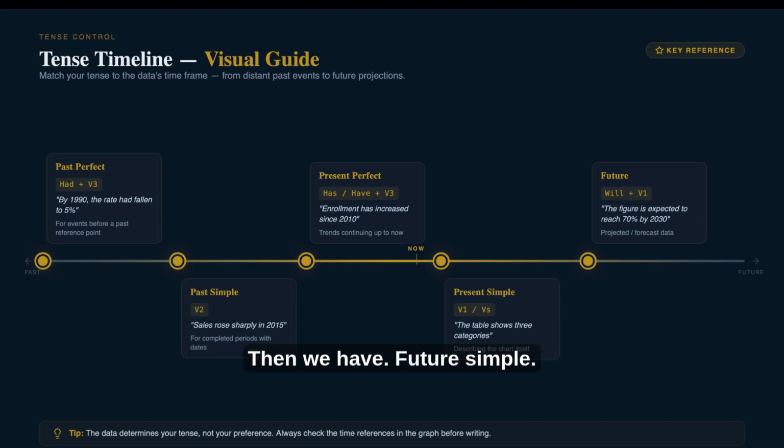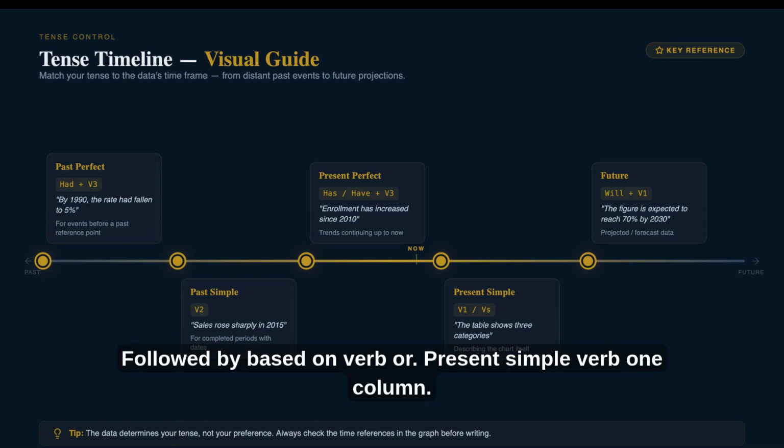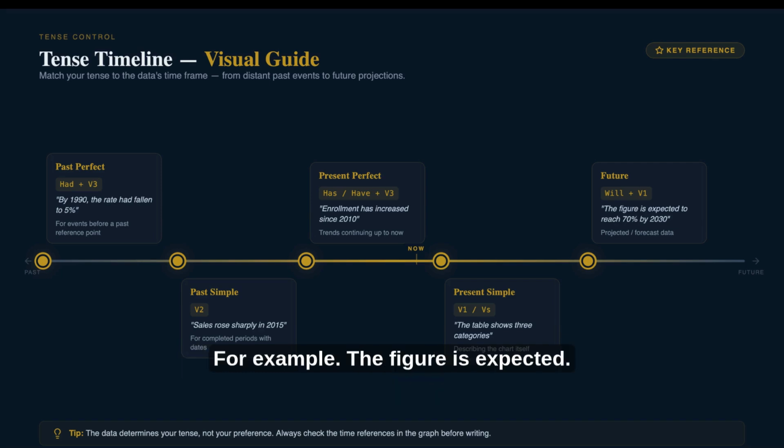Then we have future simple. The main formula of future simple is will, followed by base form verb or present simple verb 1 column. For example, the figure is expected to reach 70% by 2030.